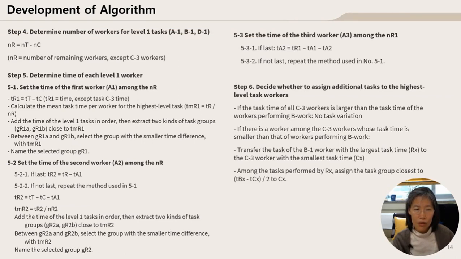In step 4, we determined the number of workers for level 1 tasks, A1, B1, D1. In step 5, we determined the time of each level 1 worker. In step 6, we decided whether to assign additional tasks to the highest level task worker.